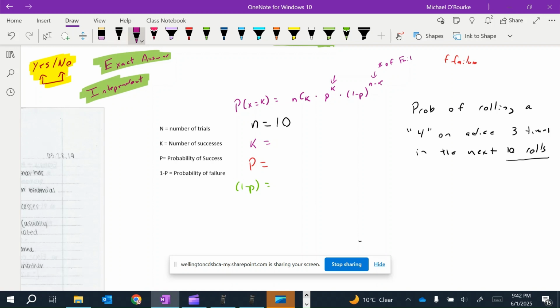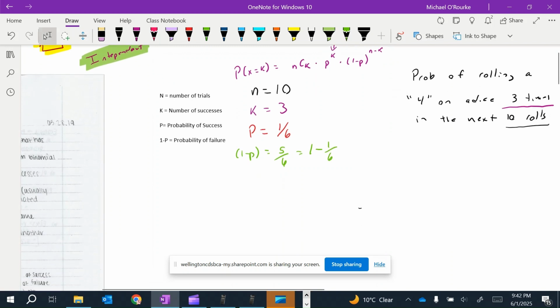K is the number of successes we're looking for, so we're looking for 3 successes. P is our probability. So if we're rolling a dice, and we're trying to get just a 4, that's 1 out of 6. And then our probability of failure is going to be 5 out of 6. You can also get that by going 1 minus 1 out of 6.